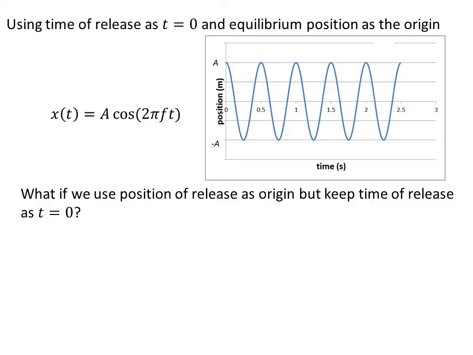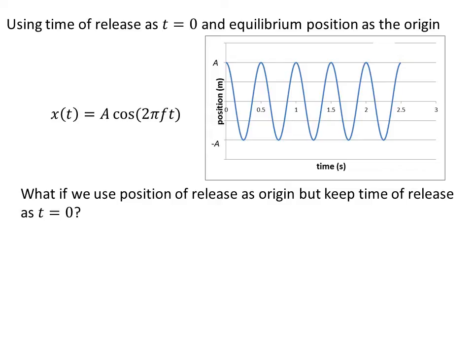What if we had a different choice for the origin? What if we use the position of release as the origin, but keep the time of release at t equals 0? So we're still going to use t equals 0 to be the time of release, but we're also going to use that position of release as the origin.